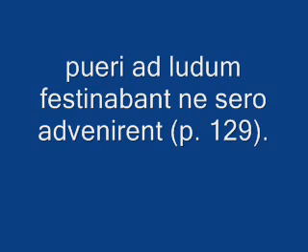Plug in formulaic translation for ut or ne plus imperfect subjunctive, and we get the boys were hurrying to school in order that they might not arrive late. Again, be prepared also to translate into good English: the boys were hurrying to school to not arrive late, or not to arrive late. Okay.